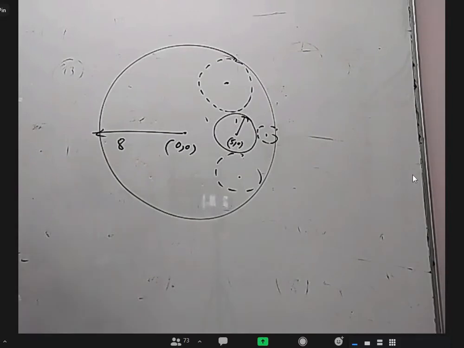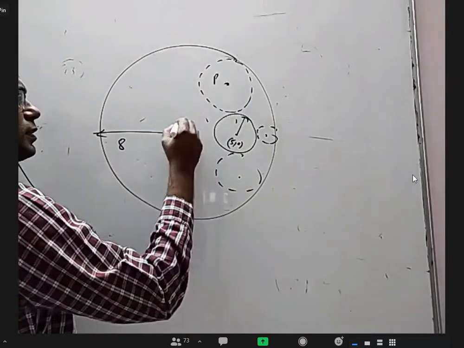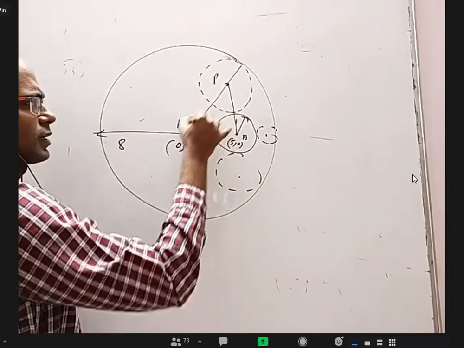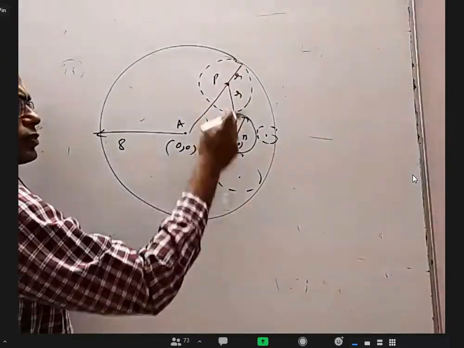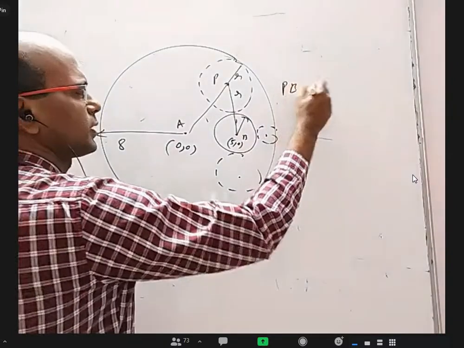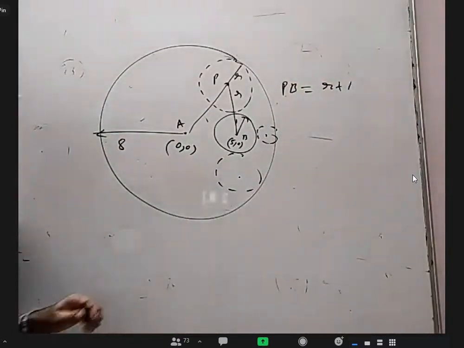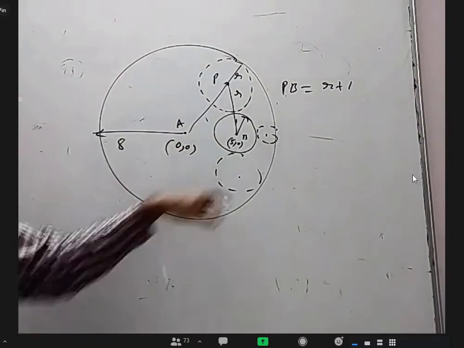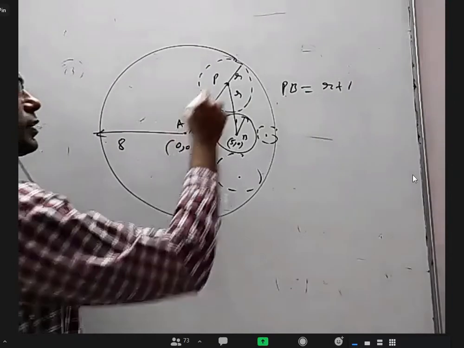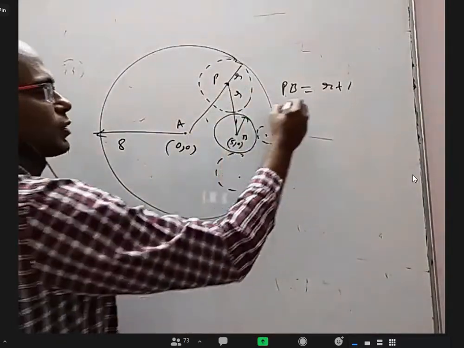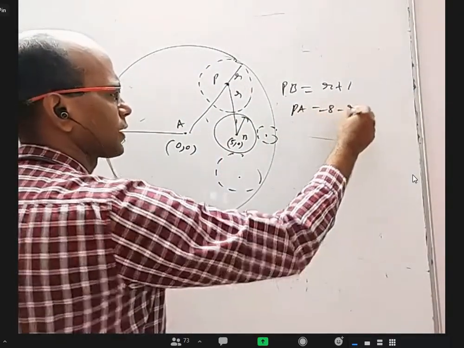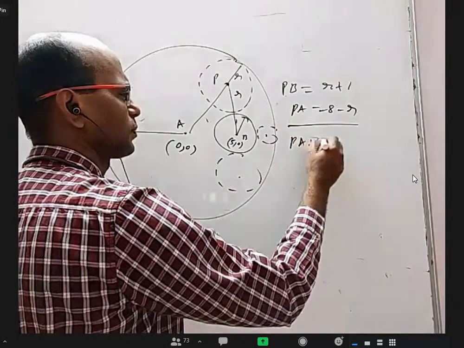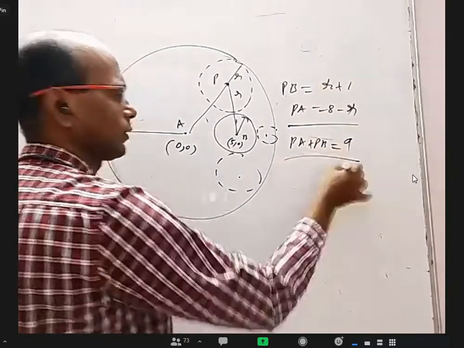If I take this as P, this as A, this as B, and this circle's radius is R, because these are touching externally, can I say PB is equal to R plus 1? Because this circle and the big circle are touching internally, the distance between the centers is R1 minus R2, so I can write PA equal to 8 minus R. When I add them, PA plus PB, the R will cancel, we will get 9.